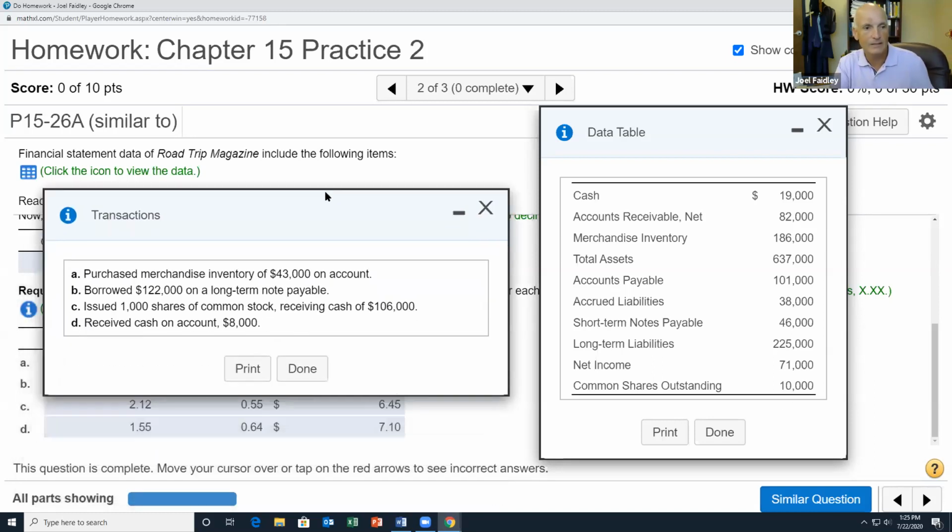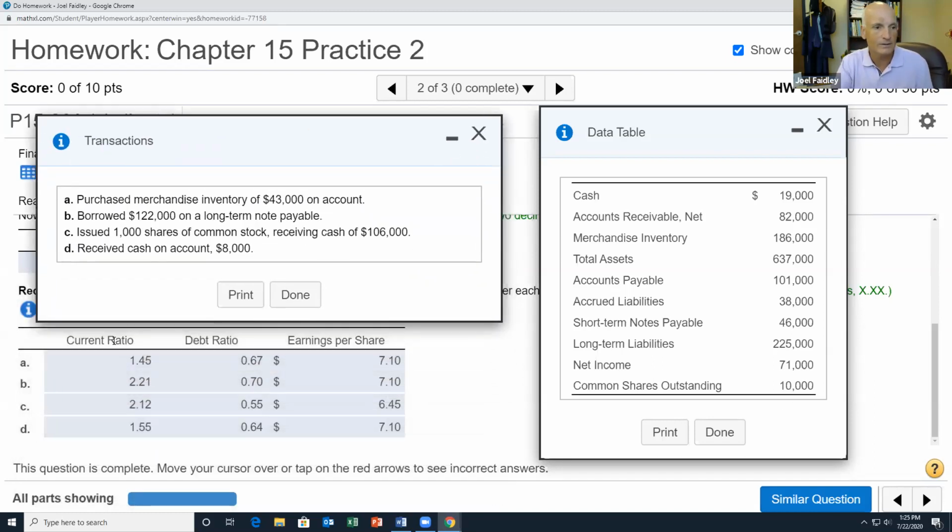All right, so now we've got these transactions, and we got to see what does that do to my current ratio. All right? This is what I'm starting with. You can see that. Start with those three ratios, and then you're going to build on that. So I've got $43,000 on account. And so what happens on account?